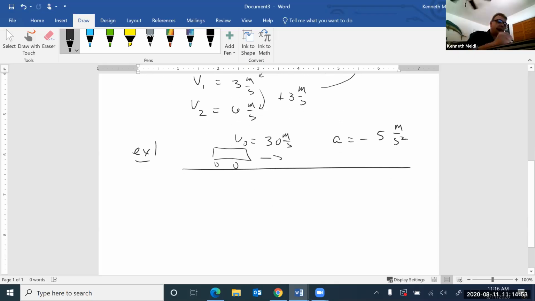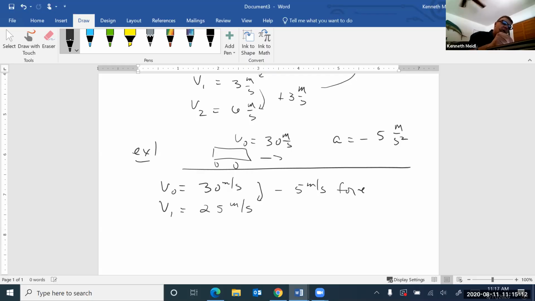What that means is, when I first see the car, it would be clocked with a radar gun at 30 meters per second, but at 1 second, the car is down to 25 meters per second. So I'm going to subtract 5 meters per second for every 1 second of time. After 2 seconds, this car is down to 20 meters per second. I'm just going to keep subtracting 5 meters per second for every single second.